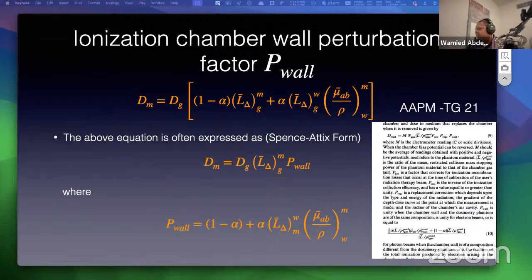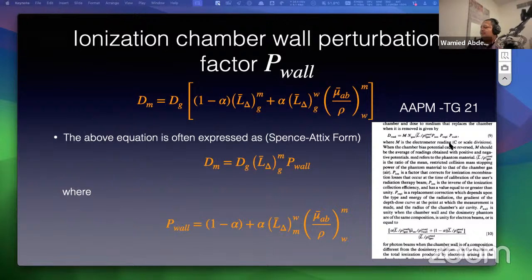This is the NDW that probably all of you are using to calibrate linear accelerators, whether you're using the TRS-398 or the TG51, because these two protocols are based on the NDW. In the past, we used to do it with the N-gas concept, and it has some really nice advantages. But as you will see, there are a lot of correction factors that the physicist will need to go and grab from somewhere.